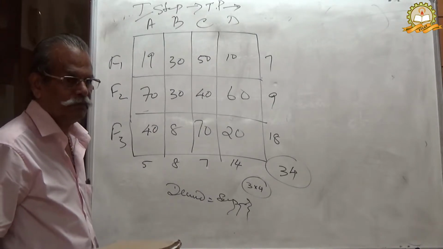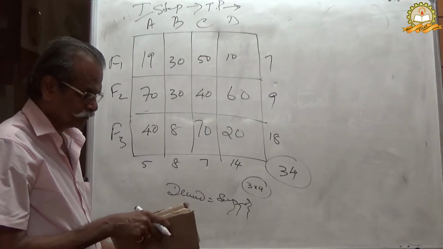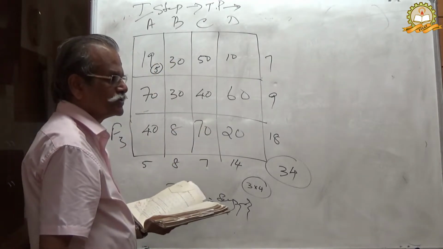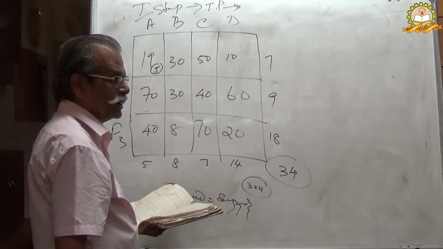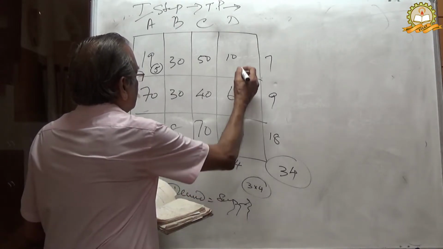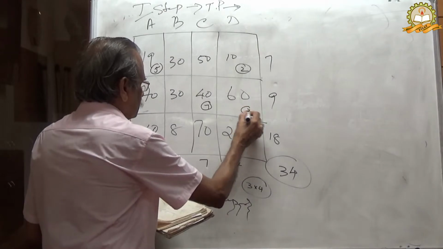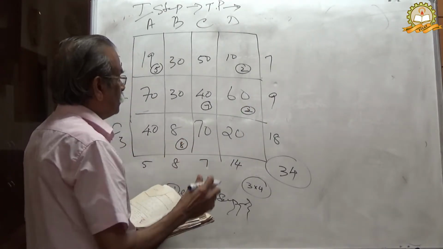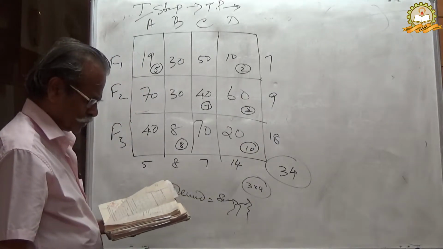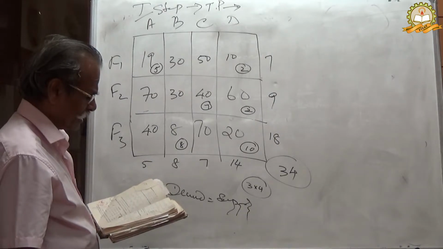Step number 1: to find the minimum transportation cost, we apply WARM, that is, finding the highest penalty and the lowest cell value in it. You may write again a revised matrix.